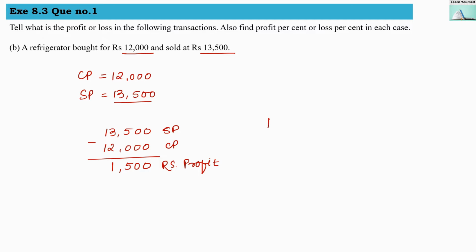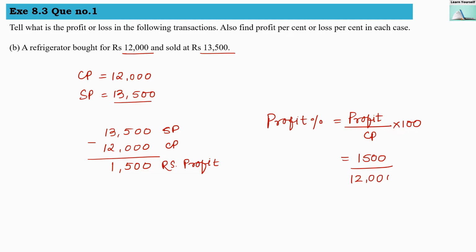Now we have to find out profit percentage. So profit percentage will be equal to profit divided by cost price in multiplication with 100. So our profit is 1,500, cost price is 12,000 in multiplication with 100.